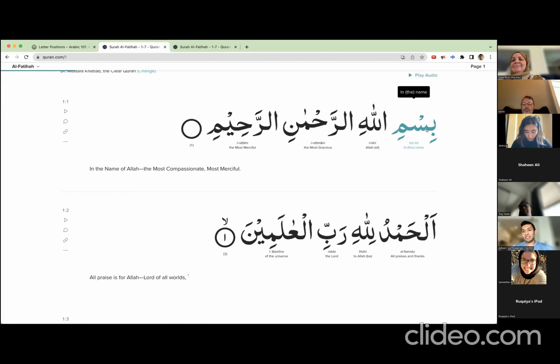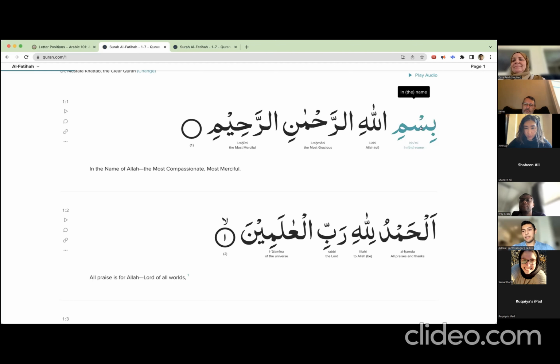So this is the first letter with a dot below. That's the ba. The bi, the mnemonic is with a dot below. With a line underneath is the vowel for E. So this is B. And then you have this letter, S. This is a seen, triple tooth with this little mark, which means that you stop on that consonant.